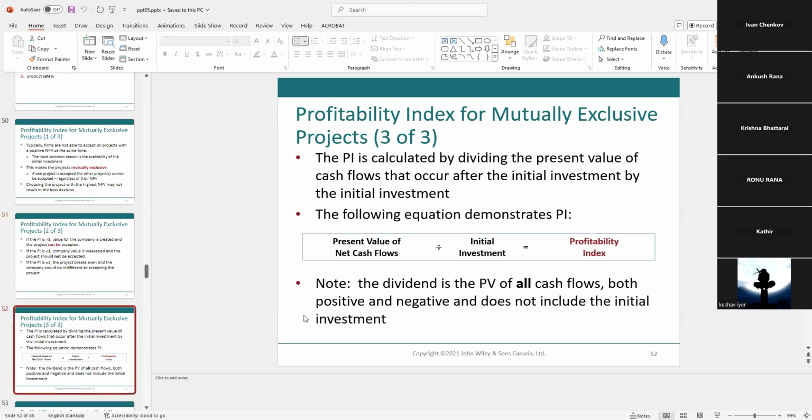So let's see the example here. How are we going to get that profitability index? Profitability index is calculated by dividing the present value of the future cash flow after the initial investment by the initial investment. So we're going to get the present value, PV, of the net cash flows divided by the initial investment.